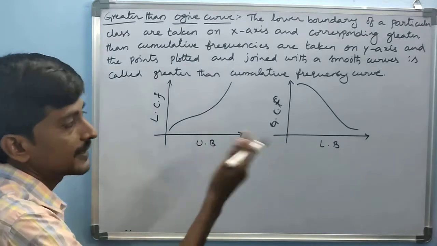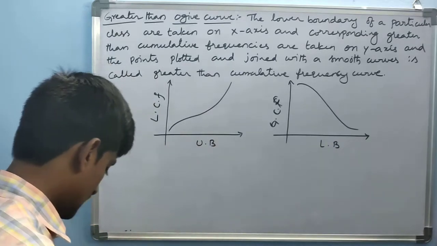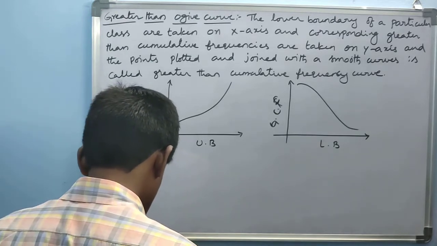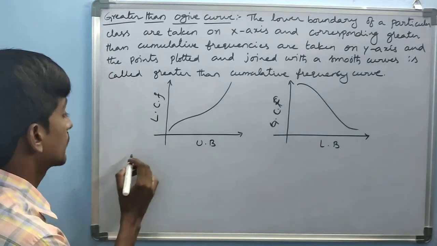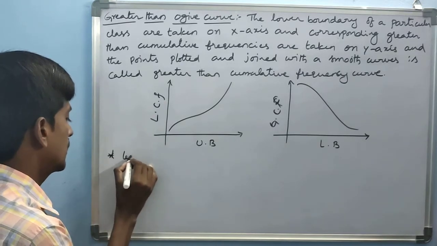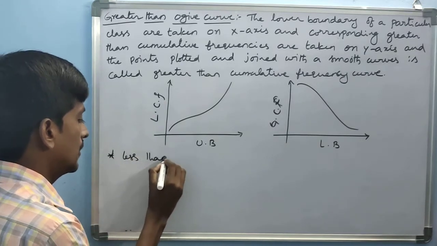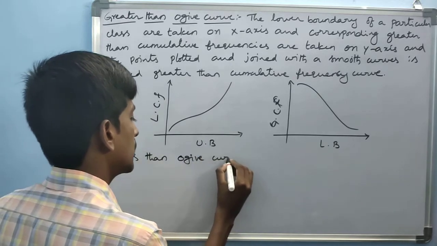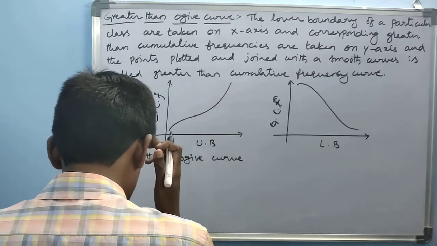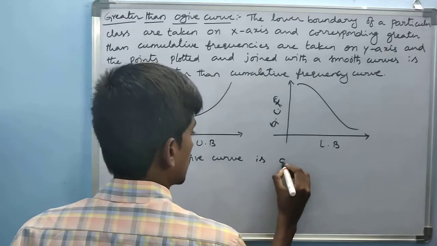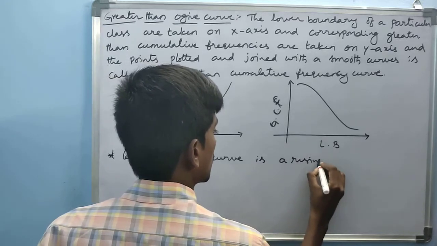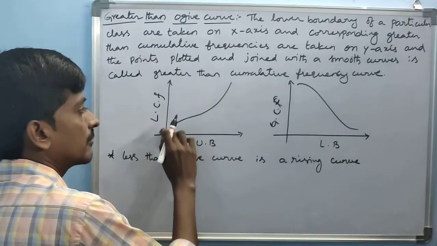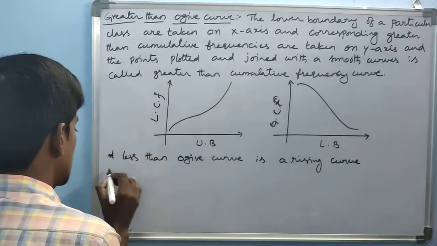The less than type ogive curve is a rising curve; from 0 onwards it is rising.